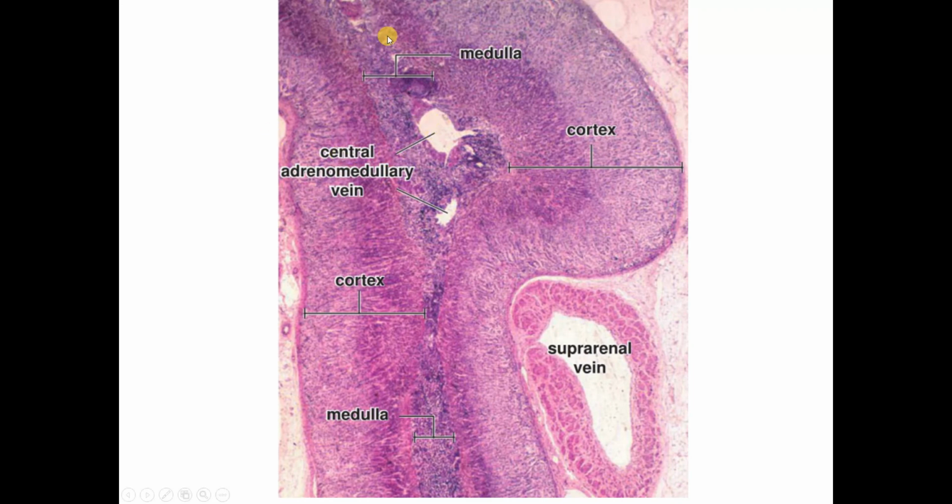Once again, a reminder for you: this one is derived from intermediate mesoderm, but this one is derived from neural crest cells, nerve cells actually. So here is also the medulla, neural crest cells. Histologically, it looks like ganglia.